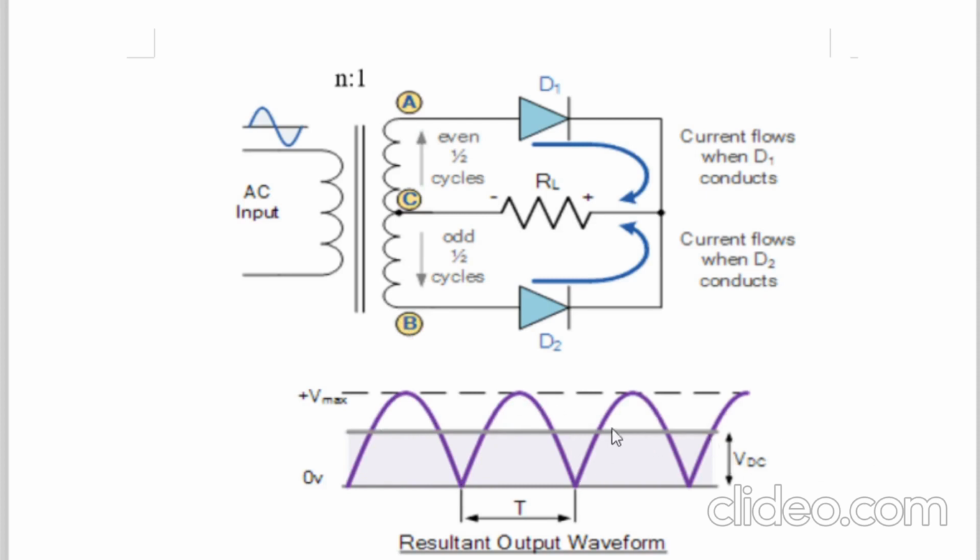But try to understand here, the magnitude of DC voltage is almost 60% of the peak value. And if the peak value is reduced, this DC voltage will be further reduced. That is what is happening in the case of this rectifier.